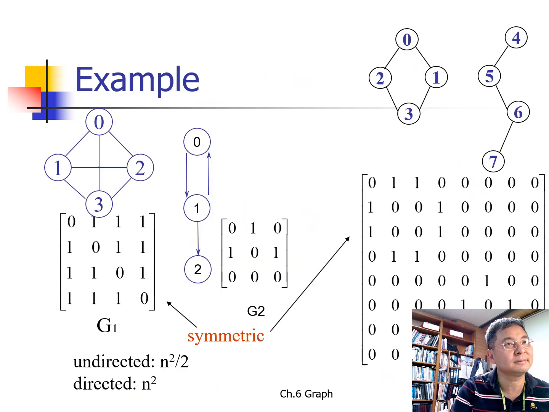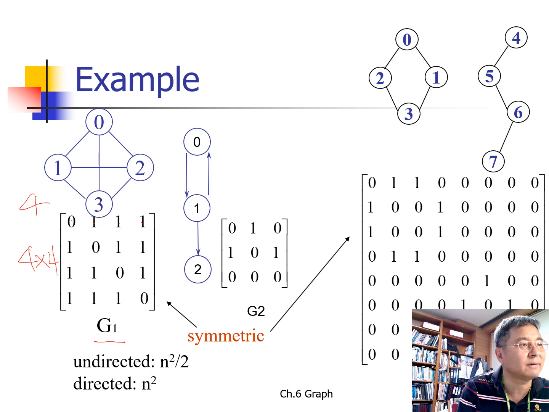Let's go on. This is an example. An example of an undirected graph is here, G1, and G1 can be represented like this. The number of vertices is 4, so the adjacency matrix becomes 4 by 4. Each row means i, and each column means j. This means that Vi and Vj have an edge between them.